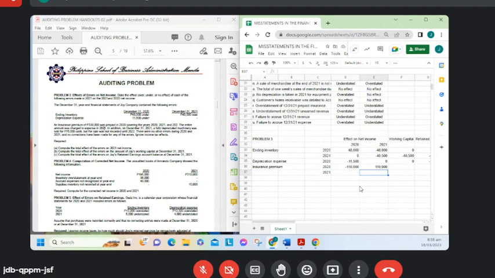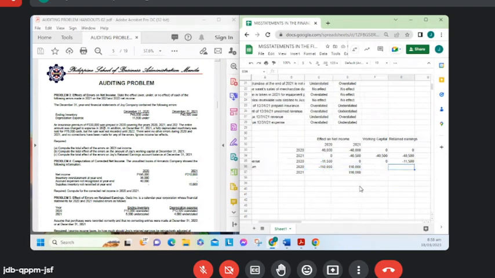So out of the 330,000 expenses recorded in 2021, only the 110,000 is the correct expense. So it means there is an overstated expense in 2021 by 110,000. Okay? So impact of that is, all right.